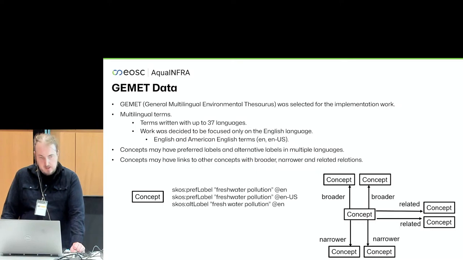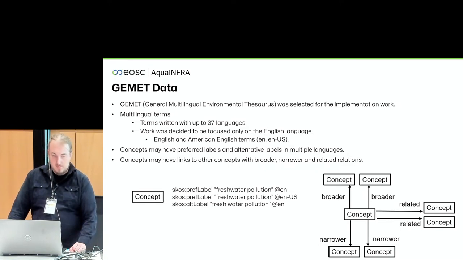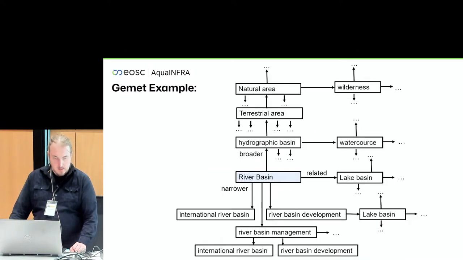These concepts may have links to other concepts. The relations may be modeled using broader, narrower, or related relations, and they may have many broader, many narrower, and many related relations. Here is an example of one GEMET concept and how it is represented in the hierarchy. We are interested here in the river basin term.